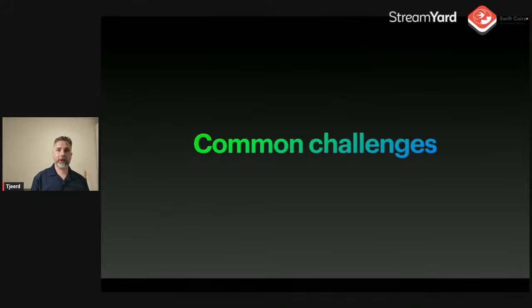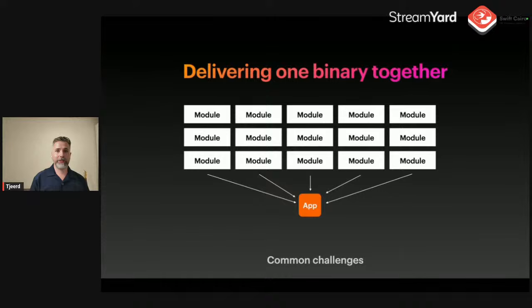So let's talk about common challenges. One of them is we're always delivering one binary together, right? Unlike maybe a microservice application, we can't just say we're going to deploy one feature. We can't just say we're going to ship the settings screen. As a mobile developer, we have one binary, and all features are shipping together, whether you like it or not.